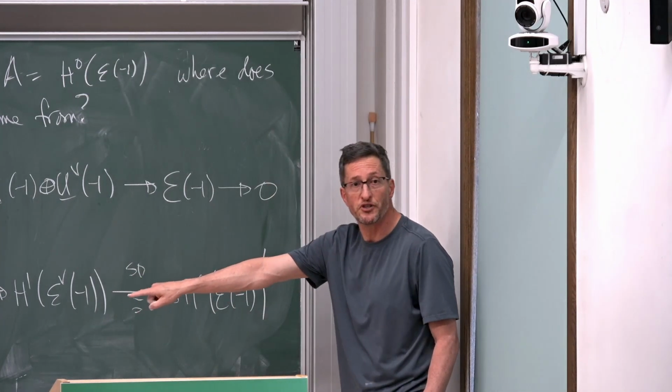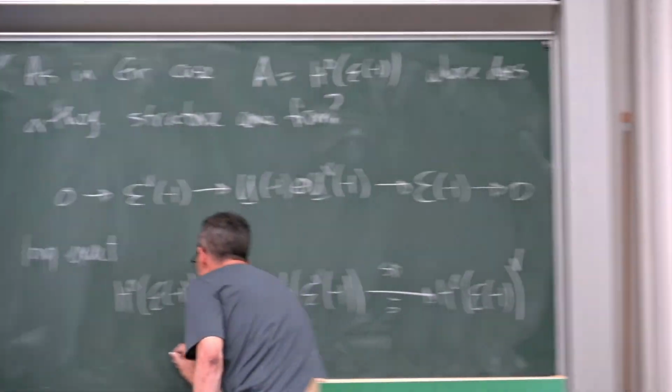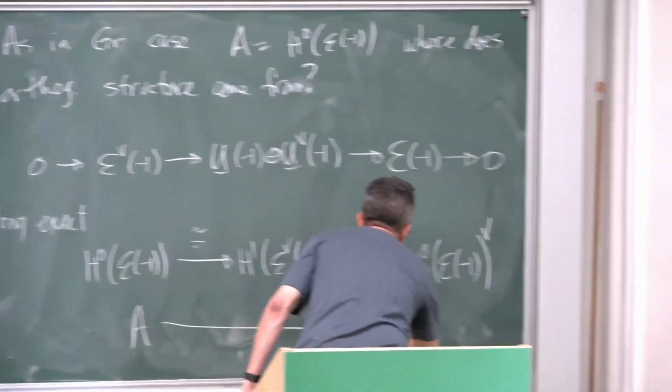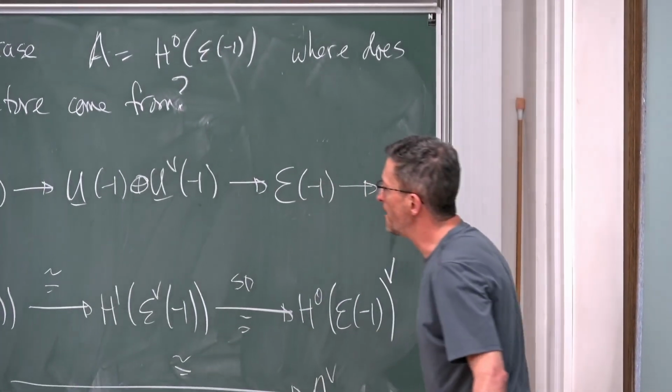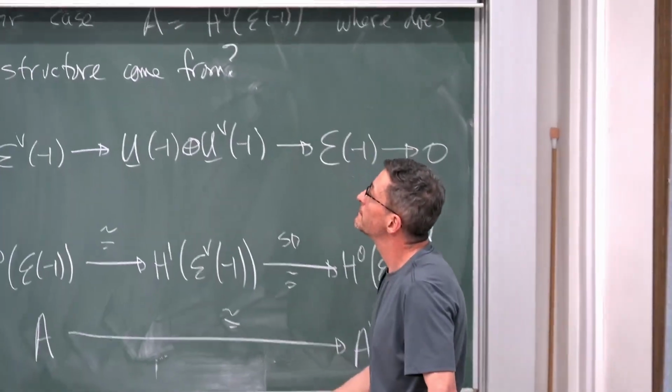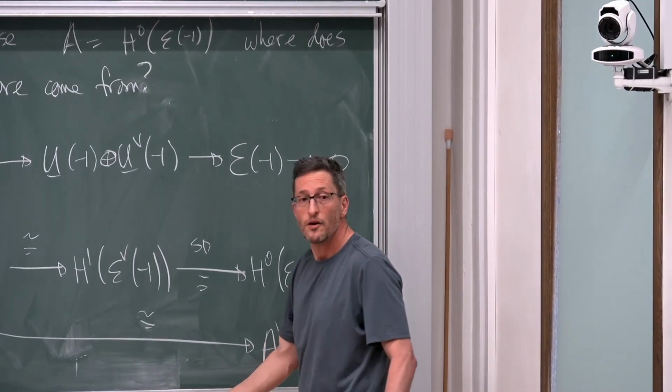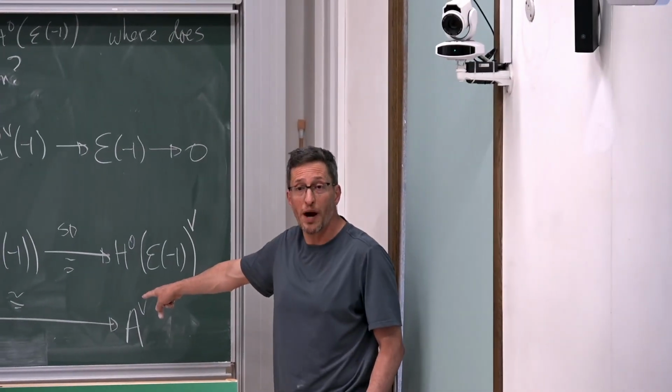And so you have an isomorphism between A and A dual. Right, so this explains why they're isomorphic.